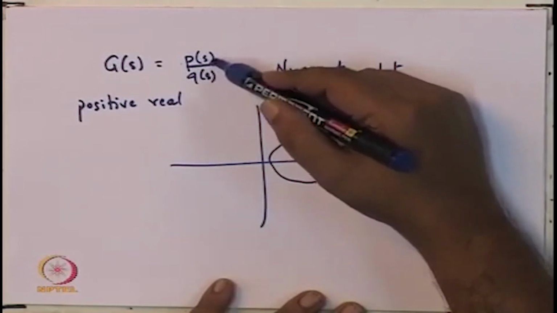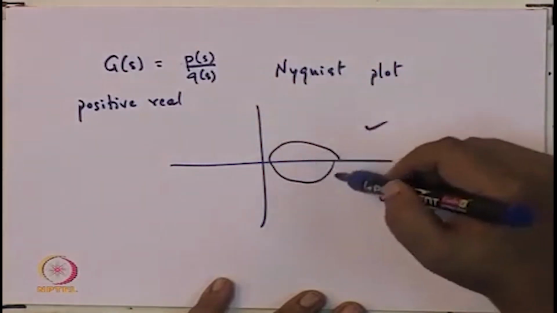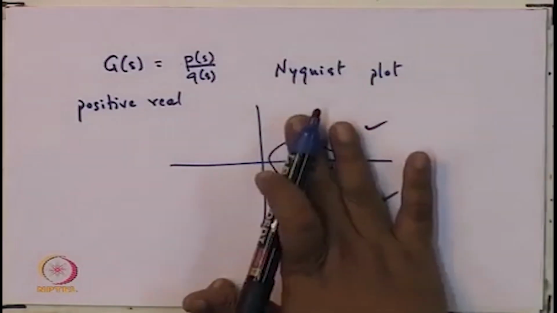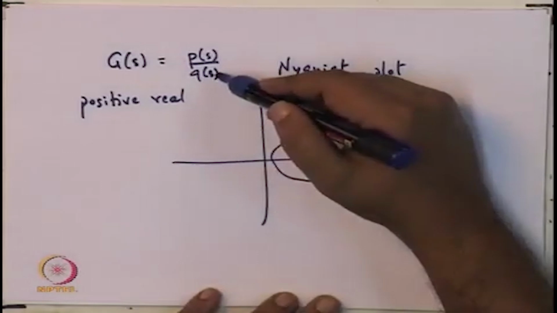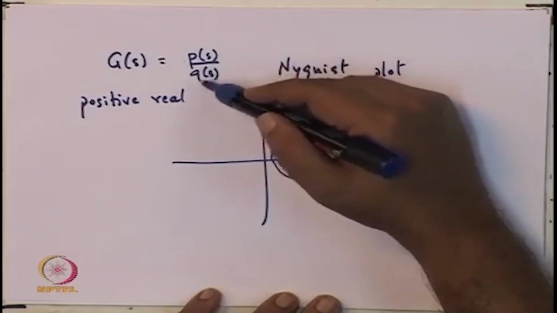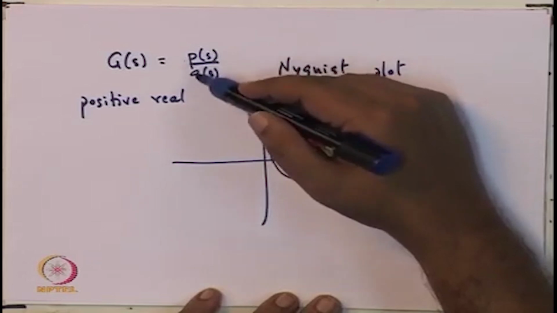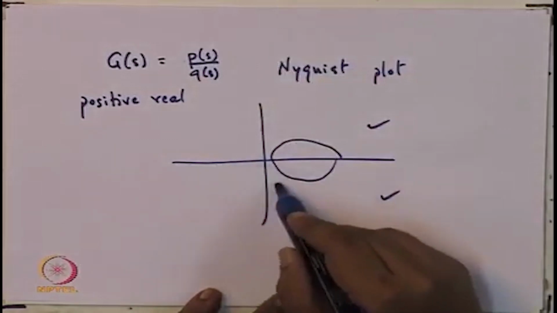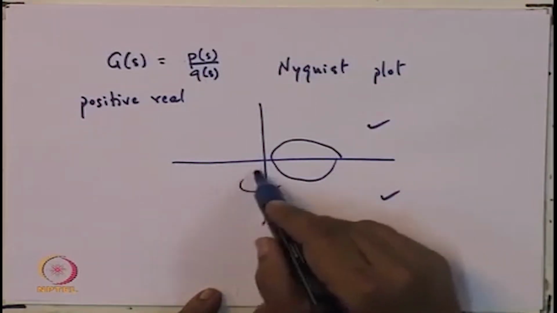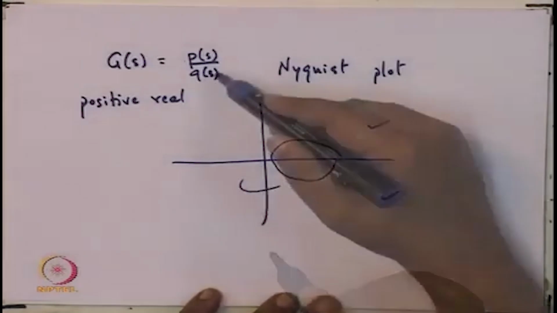Basically, only if the relative degree is 1 or 0 can you expect to have the Nyquist plot restricted to this half. The reason for that is because if the relative degree is more than 1, for example, if the denominator is 2 degrees higher than the numerator, then finally the Nyquist plot would enter this quadrant.